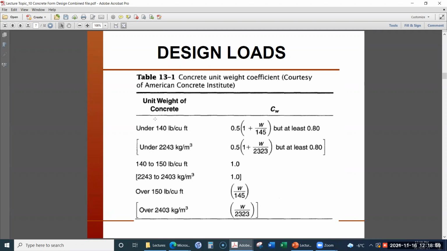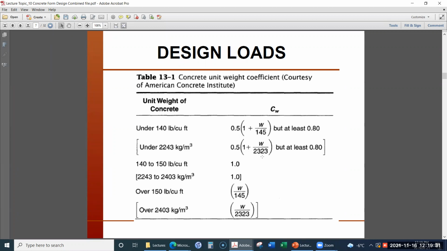If the unit weight of the concrete is less than 2243 kilogram per cubic meter, so slightly on the lighter side, then this coefficient CW can be calculated by the formula 0.5 times 1 plus W over 2323, where W is the actual unit weight, which is less than 2243.